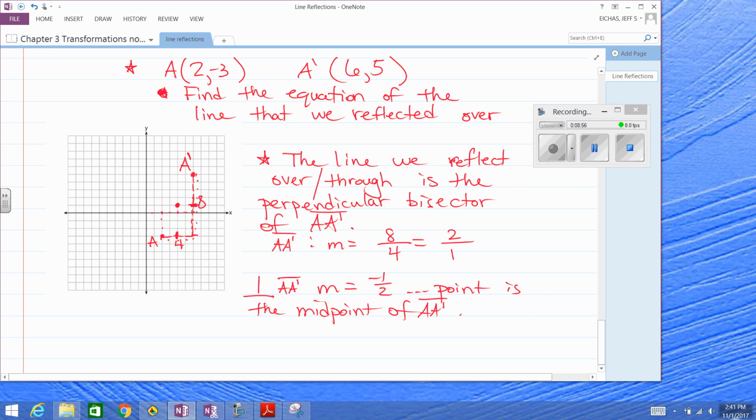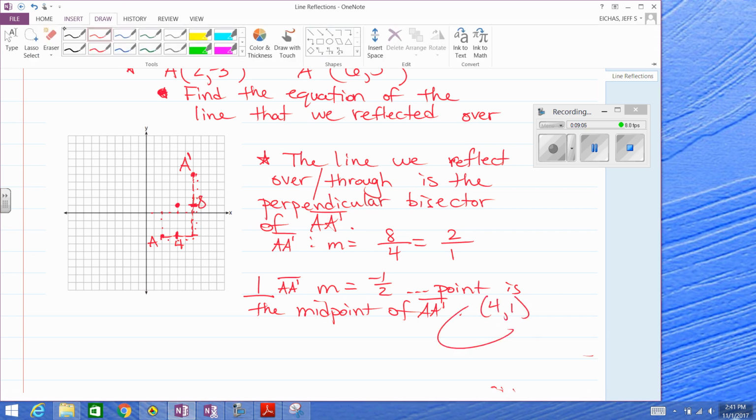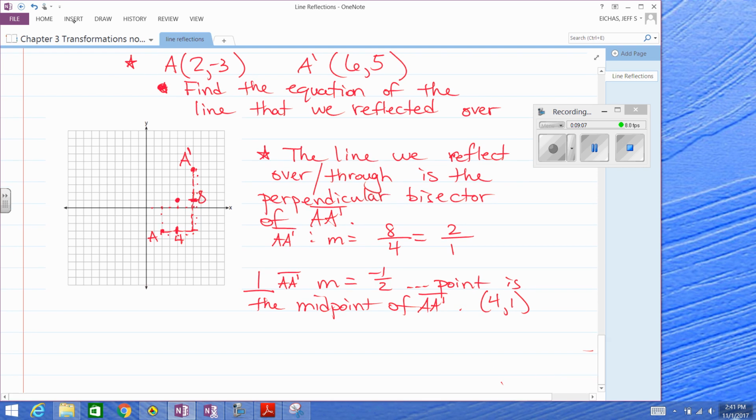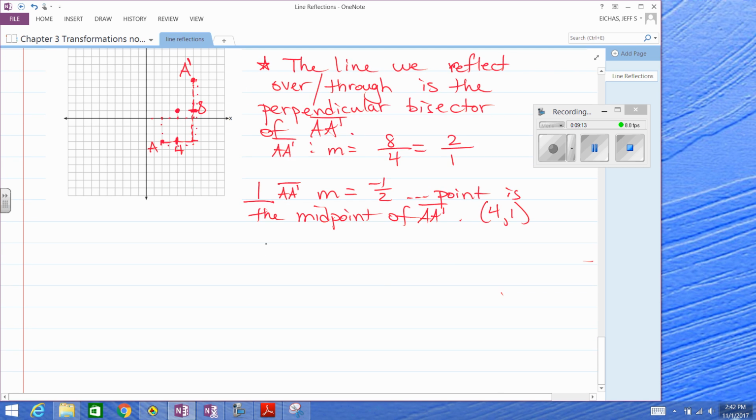That's (4, 1). Okay, so (4, 1) is the midpoint. All right, and so what we can do is go back to our y minus y1 and x minus x1. Okay, that's x1, y1.